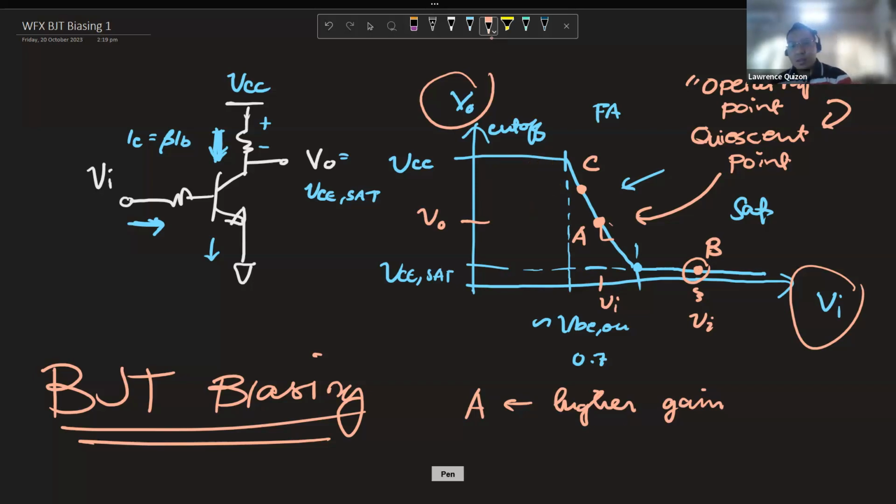If you're going to make an amplifier, then you'd like one that can give the biggest output waveform possible because that's what an amplifier does, right? Doesn't matter if C has a better gain. If it can't make as large a wave in the output as A does, then you don't want C either, no? So that's what goes into choosing our quiescent points.